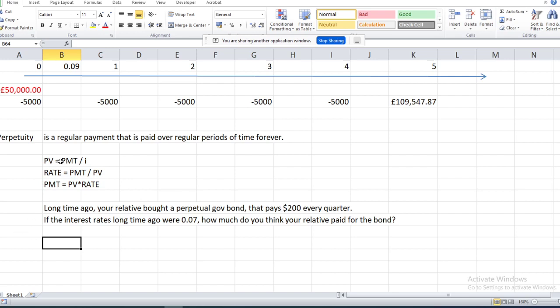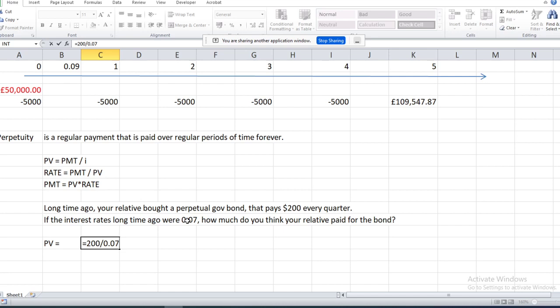We need to remember these formulas, okay? So PV here is going to be equal to the regular payments, which is 200, divided by the interest rate, which is 7.